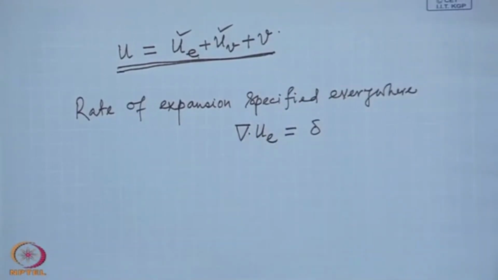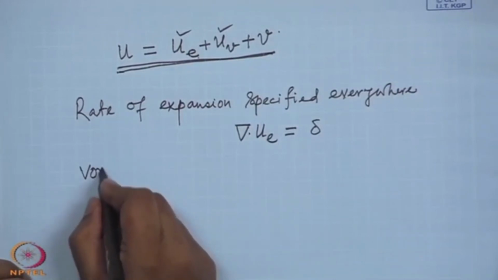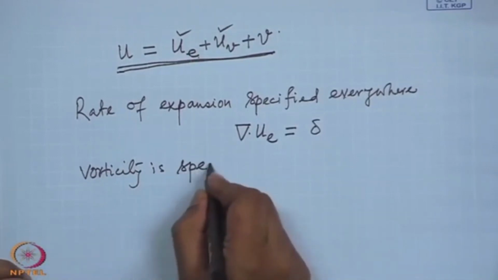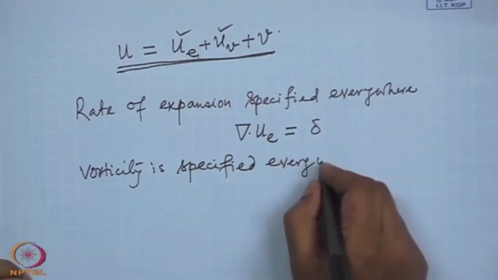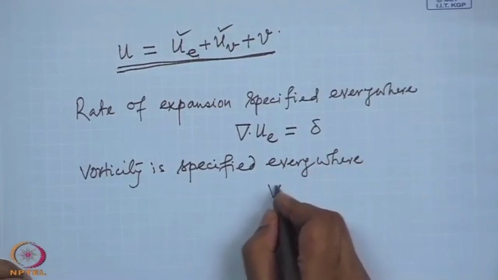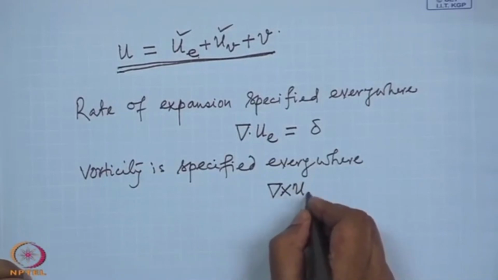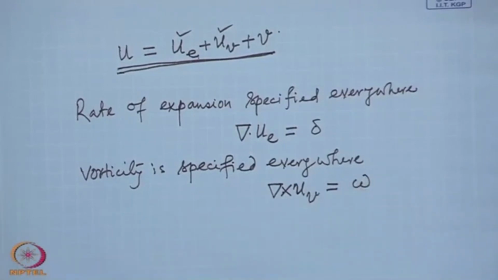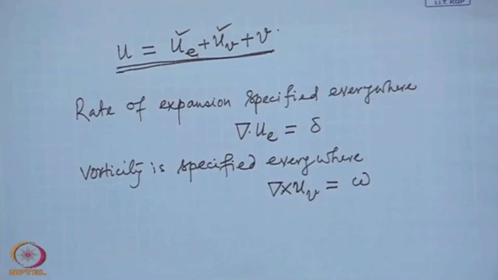Divergence of U is the rate of expansion that we have seen, dilatation, or the vorticity is specified everywhere. Curl of UV, let us call it omega. The vector sign I am not using, but you must remember that these are all vectors, UE, UV.